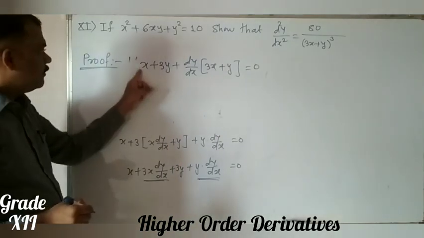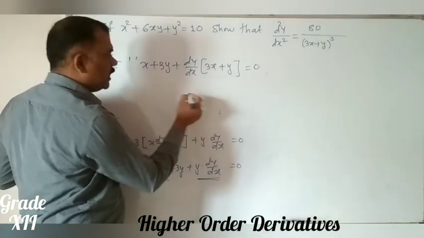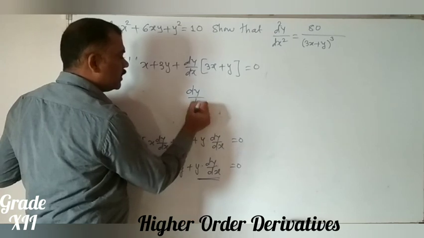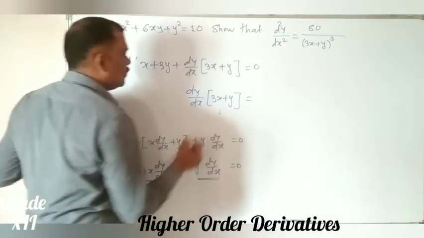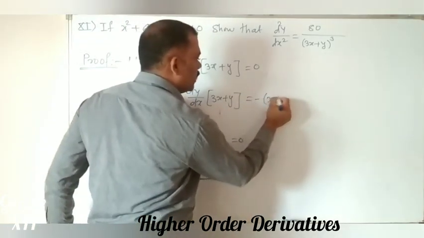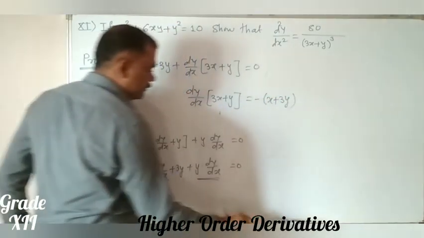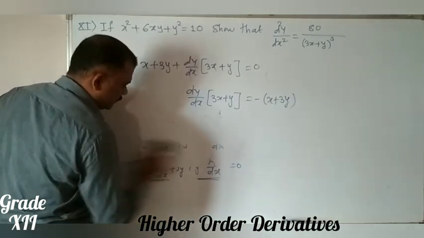We take this term, that is x plus 3y, on this side, so dy by dx into 3x plus y is equal to minus x plus 3y.